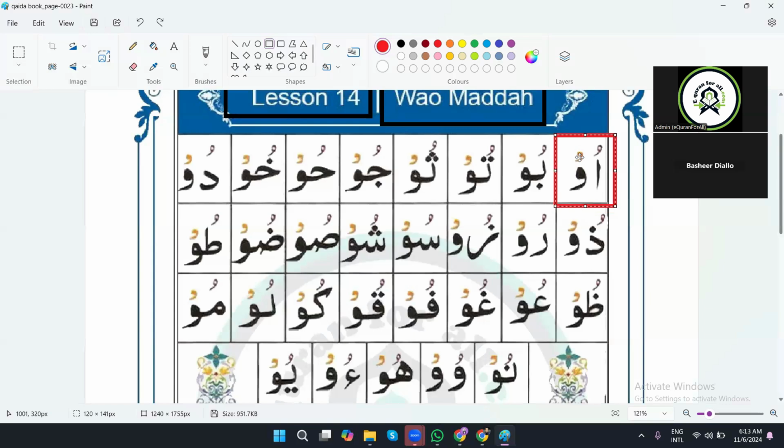Remember, I told you if any letter has sukoon, we connect or join that letter's sound to the previous letter. That's it. We don't pronounce that letter. So read alif with dhamma, u, and then stretch it for 2 seconds because next to u we have wao madda. So it will be oo.